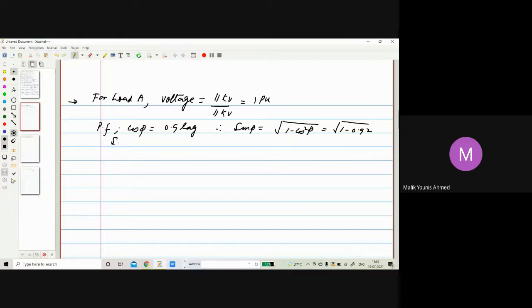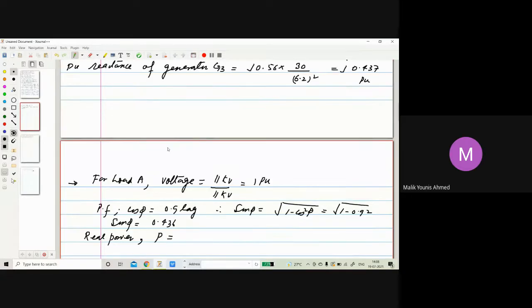The calculated value is 0.436. So real power in per unit, how can we write it? That can be written as P equal to the actual value of the real power.